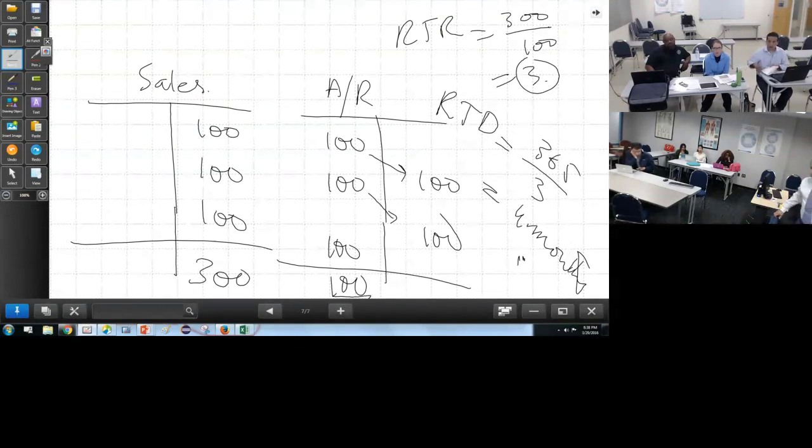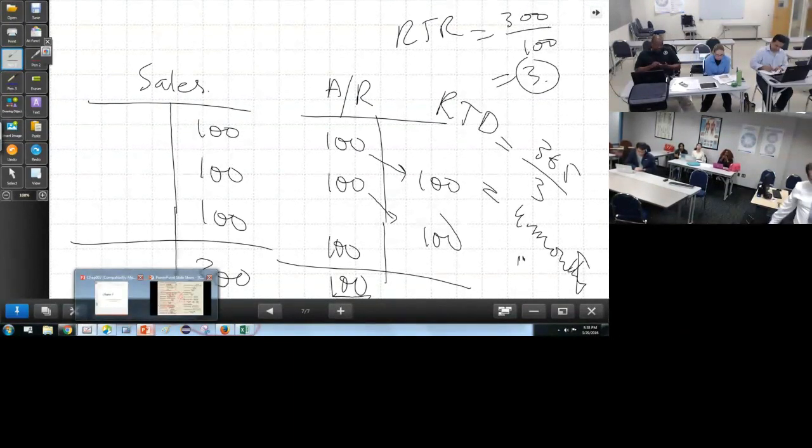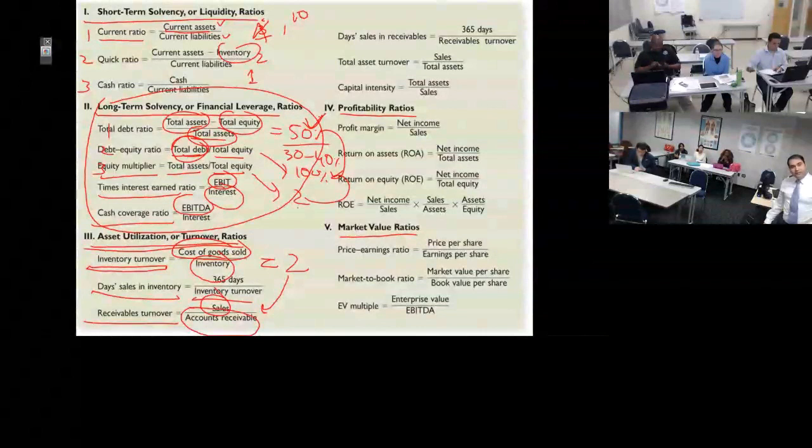Now, pay attention to this because we're going to consider another ratio, and then we will combine all of them to make a better understanding of the scenario. Okay. Receivables turnover in days.